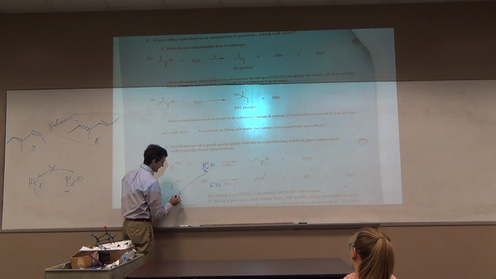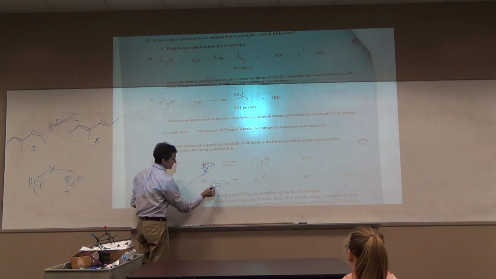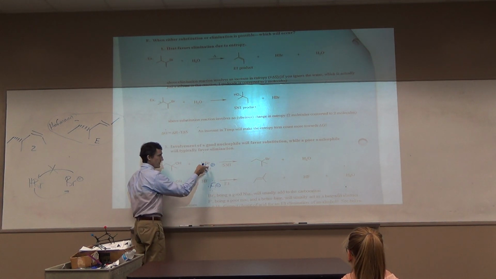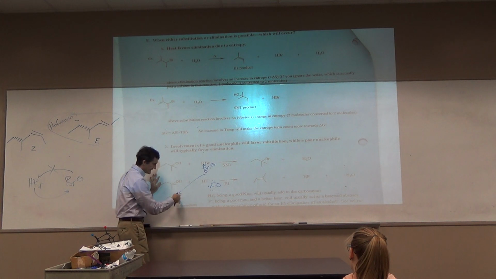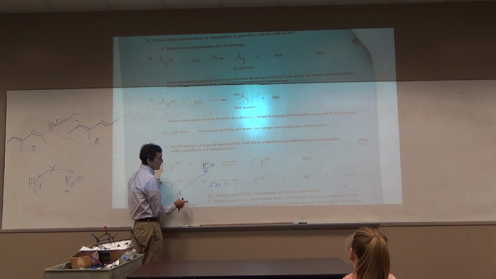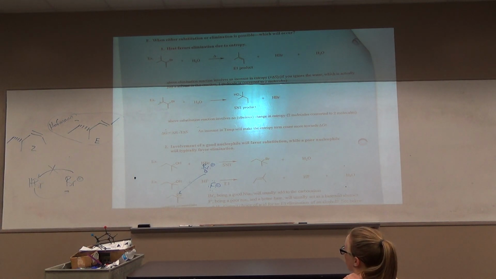All right, nucleophile. F minus is not a good nucleophile. Compared to Br, it's a worse nucleophile. So it's going to be less prone to acting as a nucleophile. Which is a better base? Actually, F minus is the better base, because it's less stable. And HF is a weaker acid.